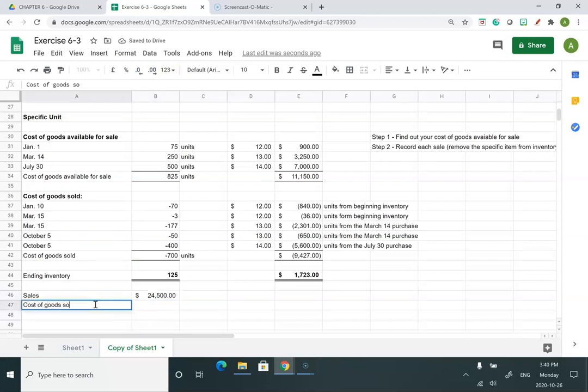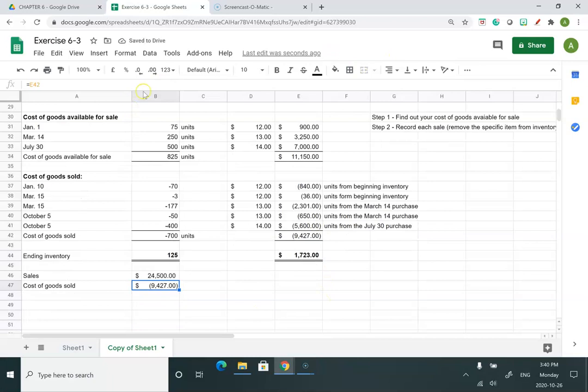Cost of goods sold is what I calculated right here, $9,427. And then that leaves me with my gross profit of sales minus cost of goods sold. So that's $15,073.